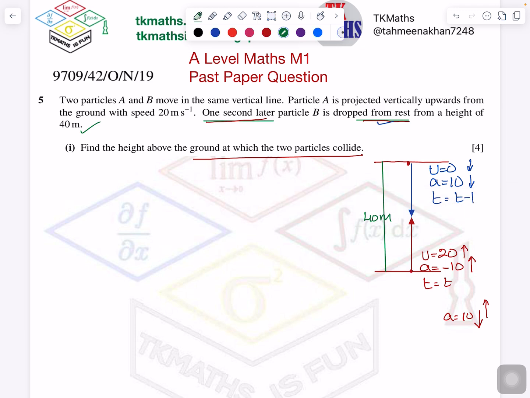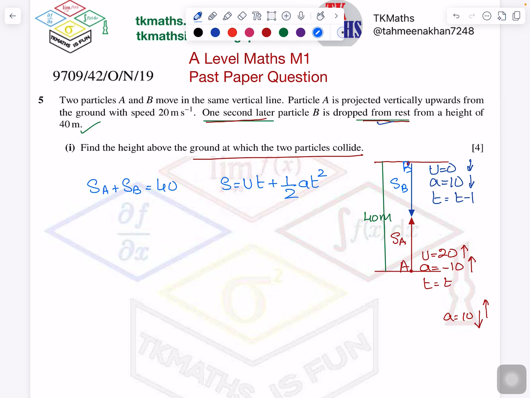But the important thing is that whatever the distance covered by particle A and the distance covered by particle B, if you add them up, it will be equal to 40. So basically what I'm trying to do is SA plus SB equals 40, right? And I will use the equation S equals ut plus half at squared for both of them.